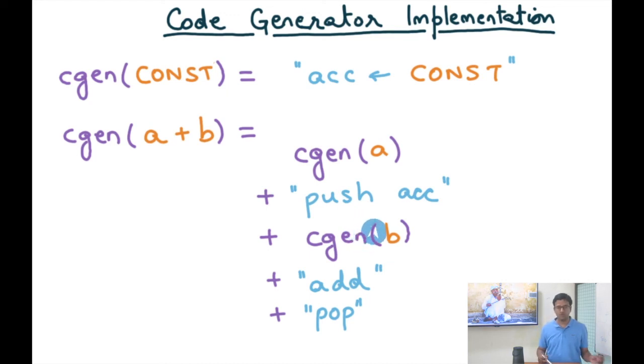It can clobber the accumulator, but it will not clobber the pushed value because of my invariant. After codegen of b, I execute the add instruction, because at this point I know that the accumulator contains the value computed for b, and the top of the stack contains the value computed for a, so I can execute add to get the addition result in the accumulator. And finally, I want to clean up the stack by using the pop instruction.